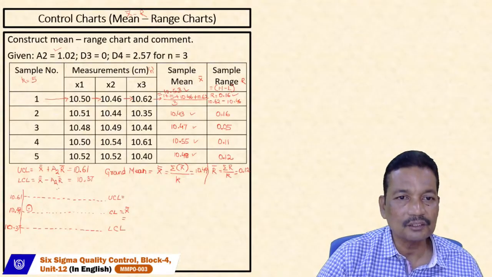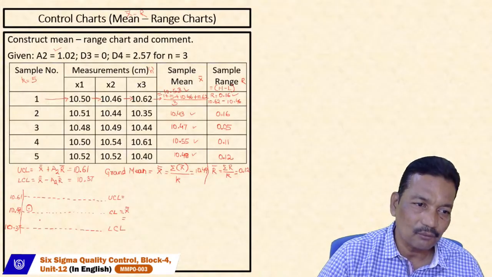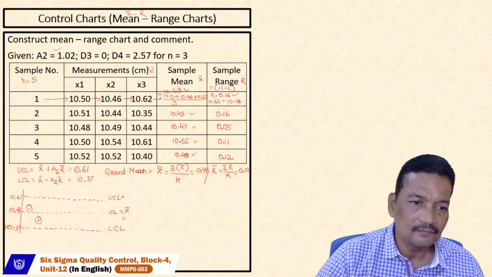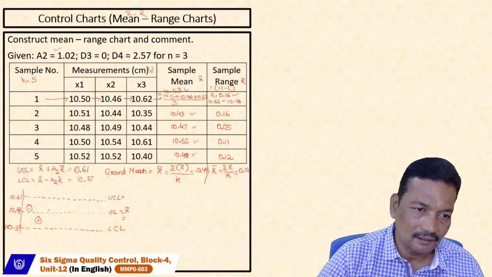Now let us go to the second value, 10.43. It will come downwards. Then 10.47.